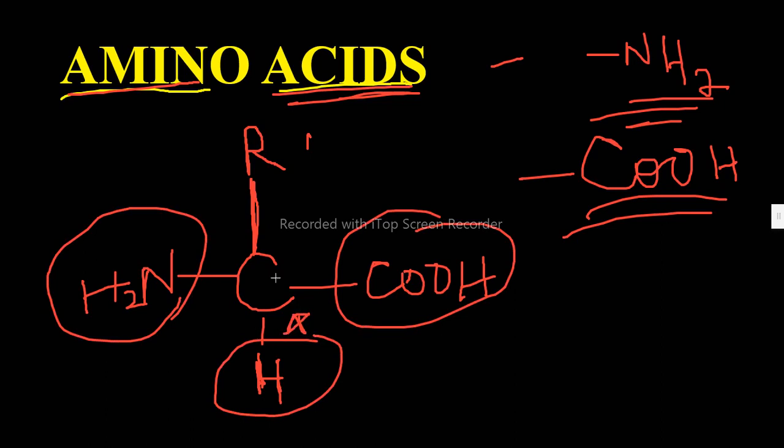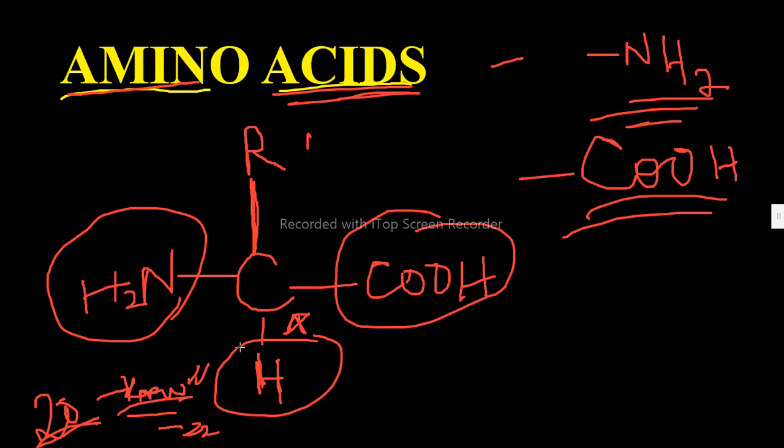All the 20 amino acids. I say there are 20 known amino acids. Some books say 22, but what's confirmed so far is 20.